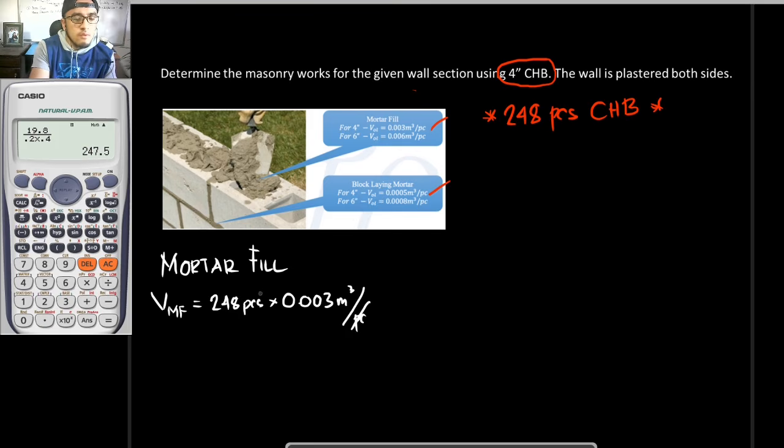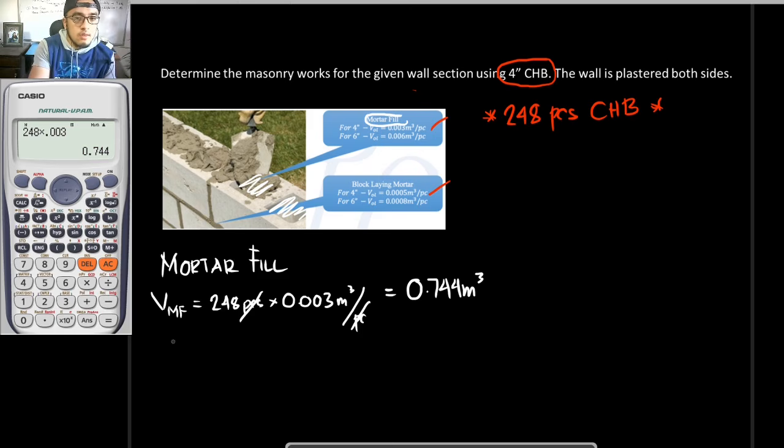So the volume of mortar that we would be needing to fill these voids right here, so yung hollow core, would be 248 times 0.003. So that is to be 0.744 cubic meters for the mortar fill.